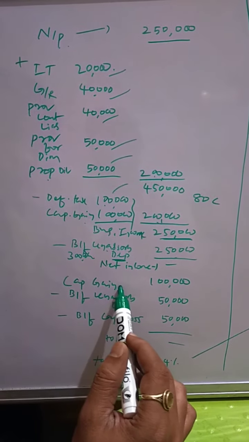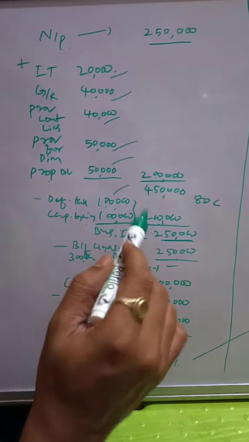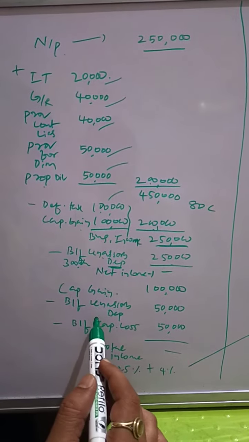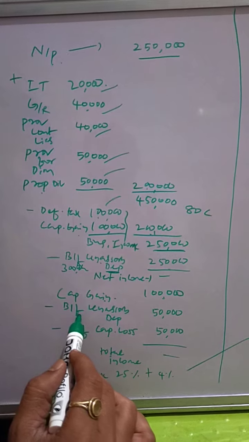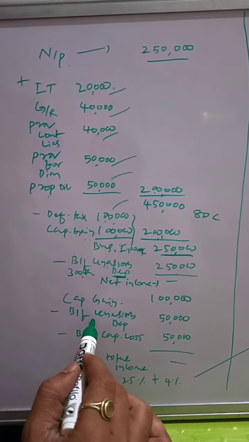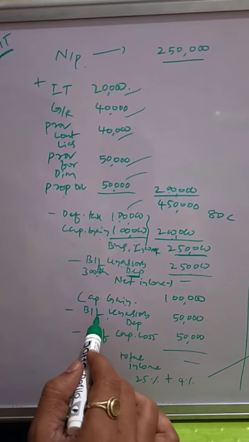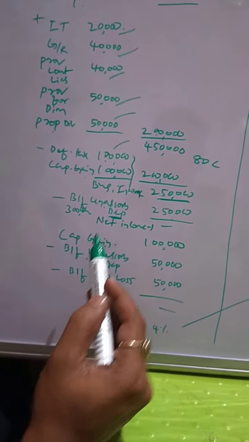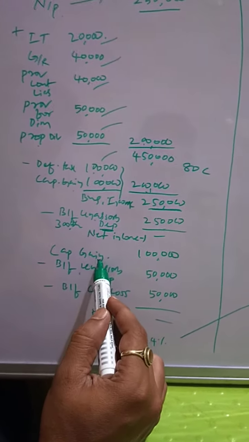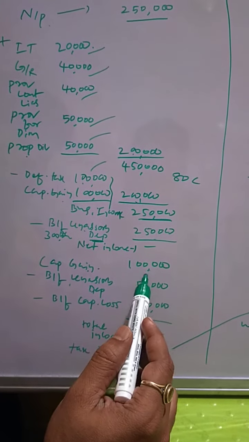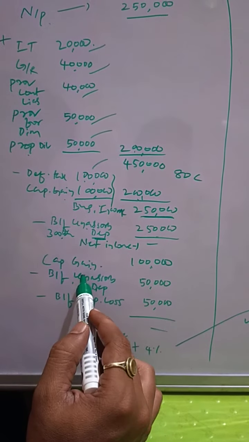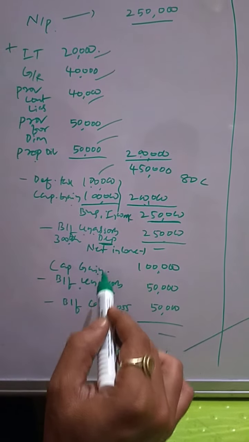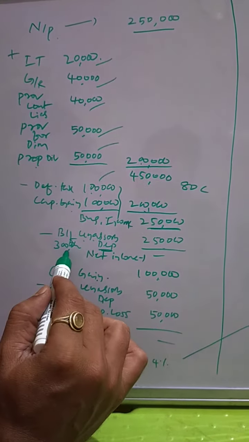Next, capital gain. They have given it on the credit side of the P&L account: 1 lakh. In that again you can claim the exemption, the brought forward unabsorbed depreciation, total 3 lakh.